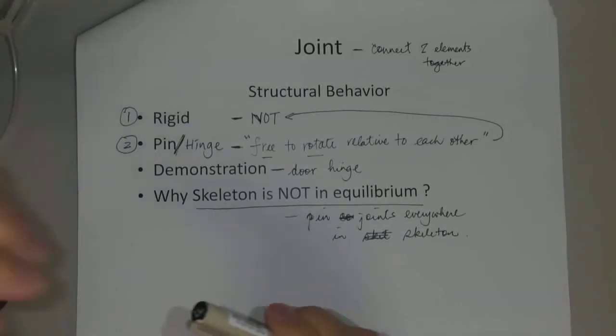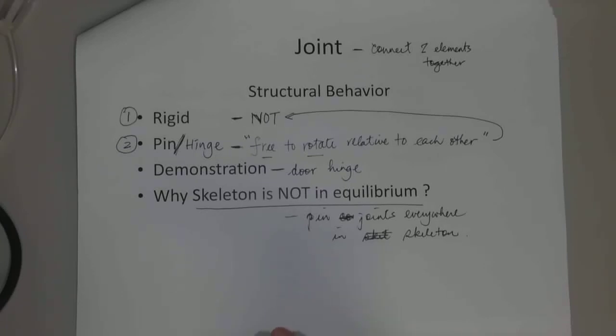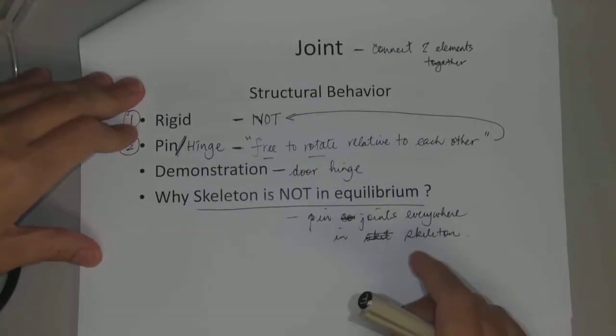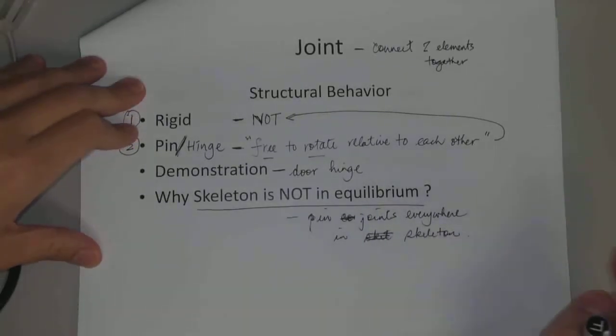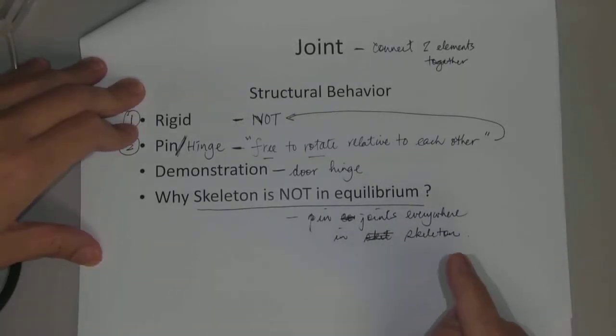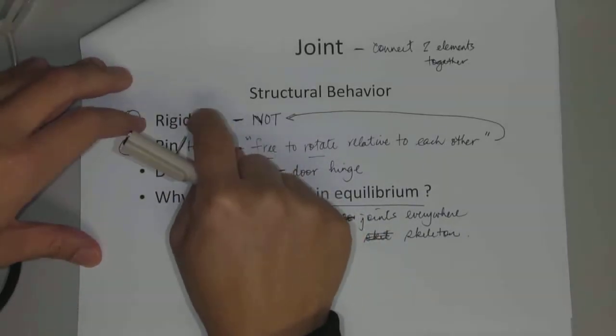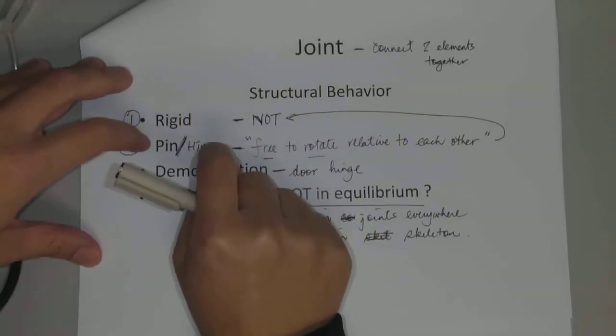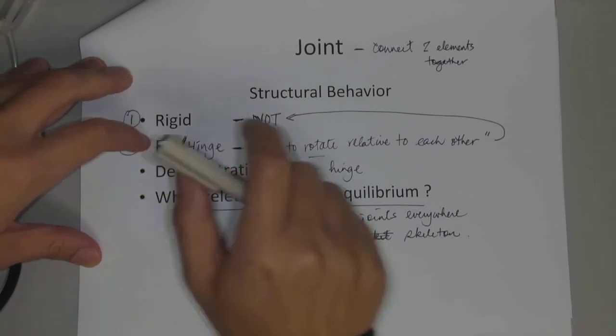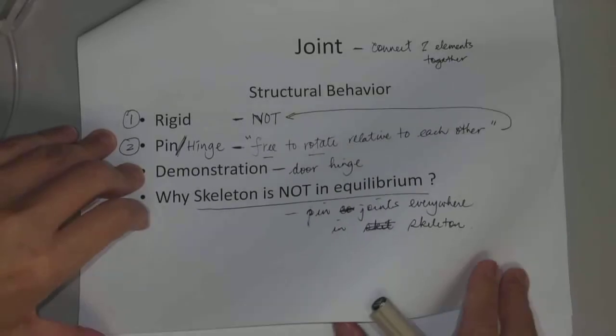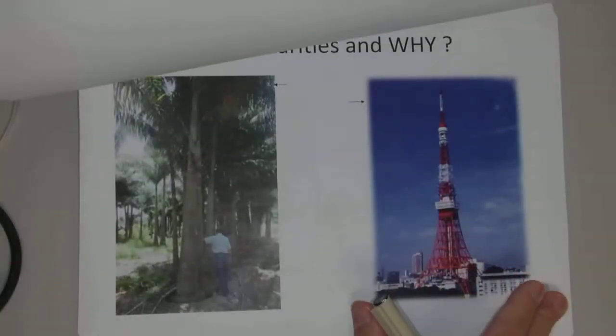Right, so that explains why that thing cannot stand up, because we are having pin connections everywhere. If we are having pin connections everywhere in your building, same thing, it won't stand up. So that means some of the connections have to be rigid. Some could be pin. Right? Okay, so that's what I try to say about joints.